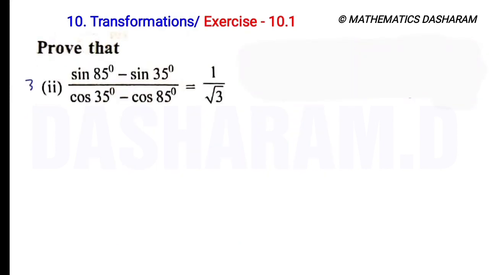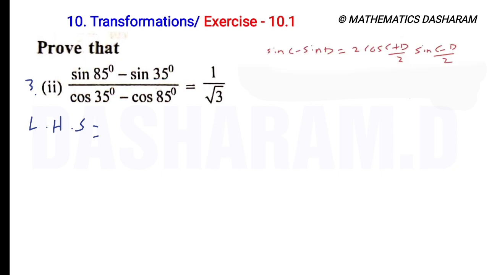Third bit, second problem, sin 85 minus sin 35 by cos 35 minus cos 85 equals to 1 by root 3. So first I am going to take the LHS. For the numerator, the sin C minus sin D formula.